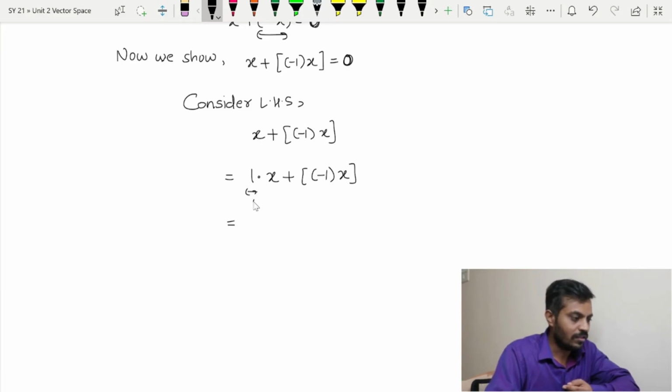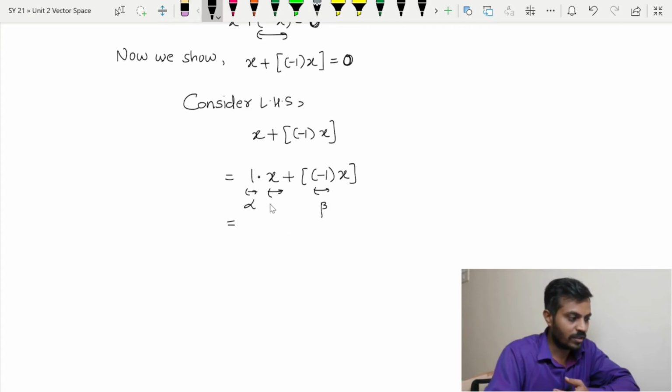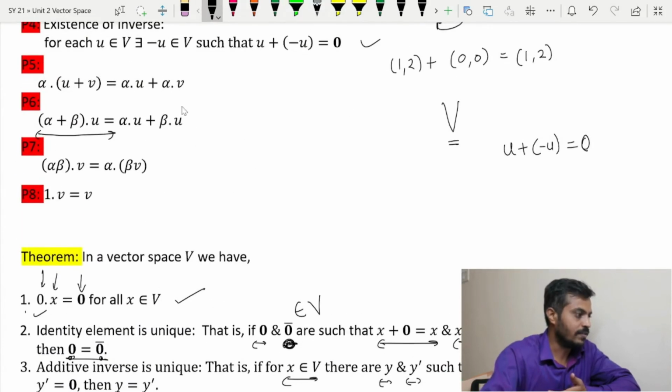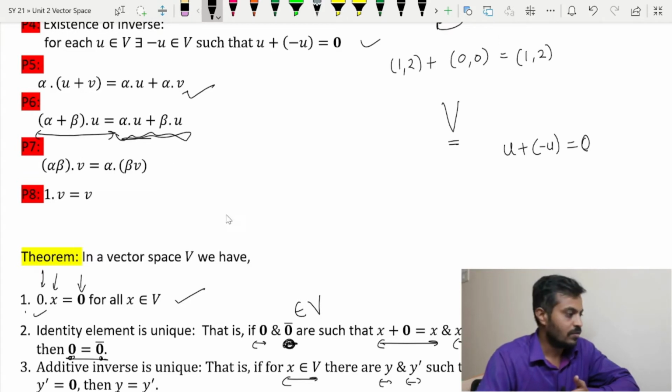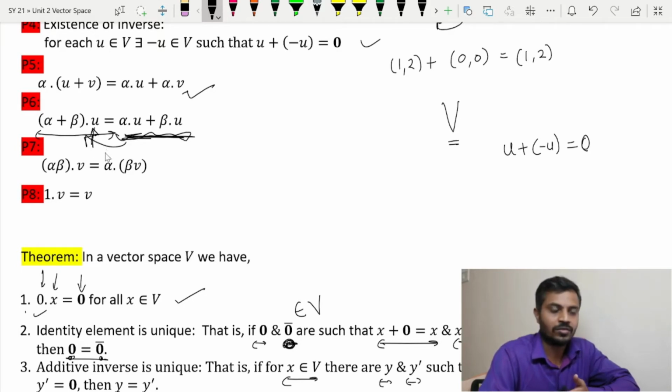Because this is a scalar, you can treat it as alpha, this is our vector, and this is a scalar, you can treat it as some beta. So this is of the type alpha u plus beta u. Which is the property that involves alpha u plus beta u? If you go back, that is nothing but P6. So alpha u plus beta u is alpha plus beta u, that u can be taken common.